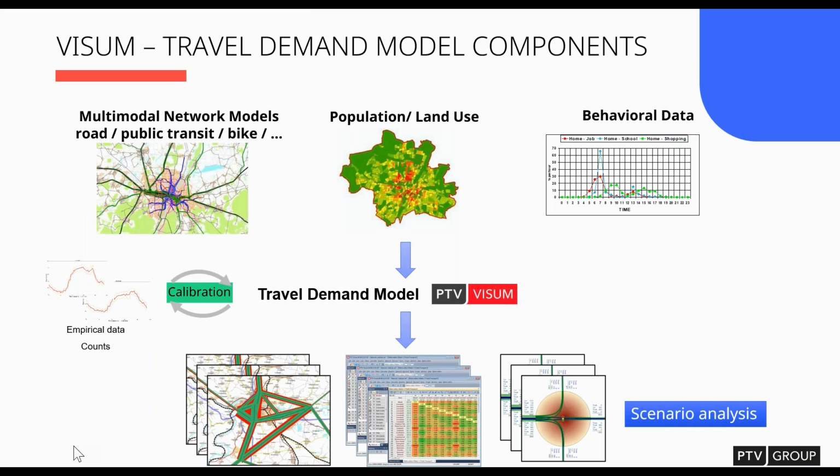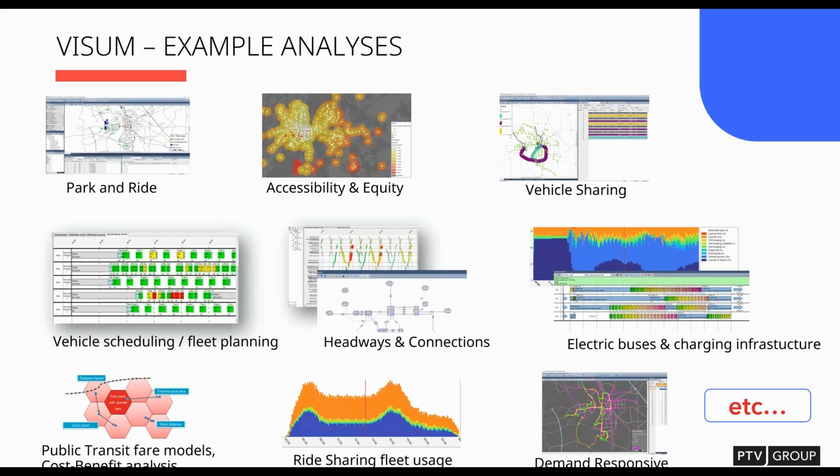Just as an overview, as I mentioned, during this conversation we're going to primarily talk about travel demand modeling and how Visum transit functionality relates to that. There are quite a few other extensions that go beyond what you see in typical travel demand models and focus more on things like transit providers and fleet planning. These could be things like park and ride, accessibility and equity analysis, and vehicle sharing, like bike sharing, for instance.